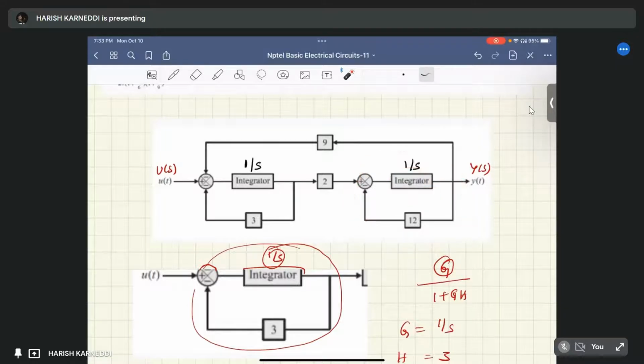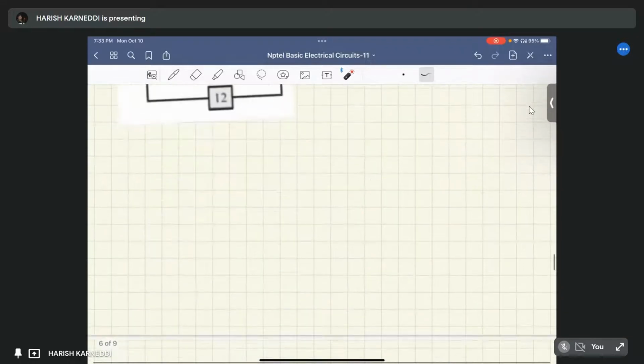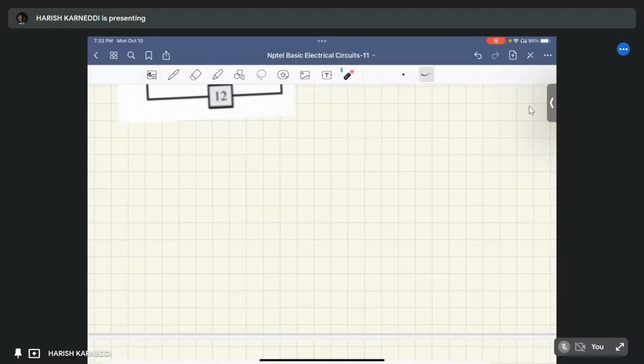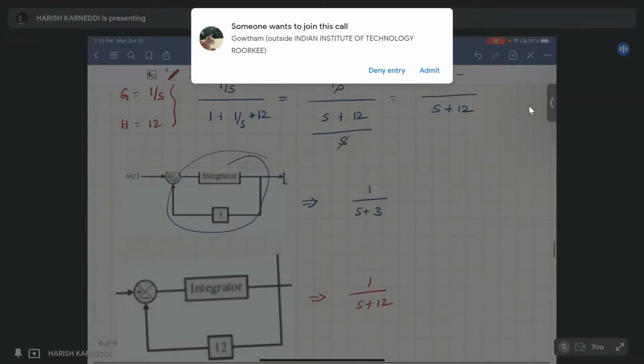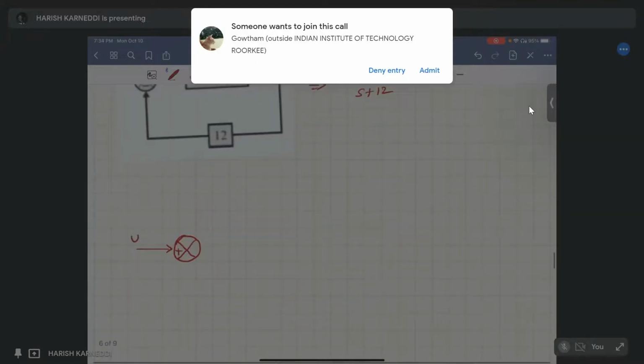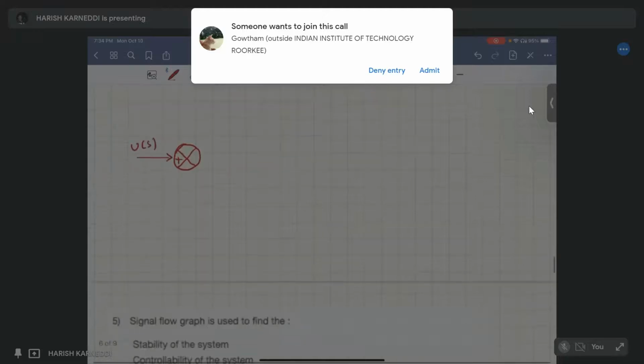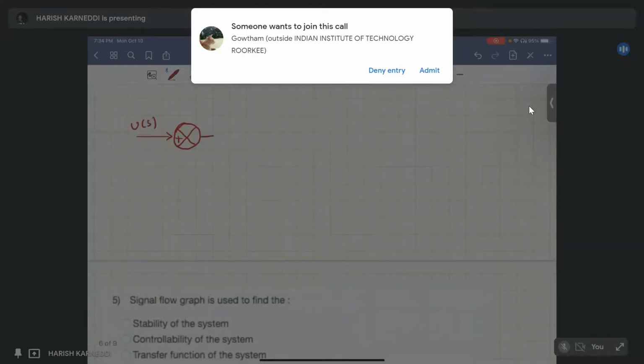Okay, I'm redrawing the same. This input, this is some block. This input is R of S, or yeah, U of S. Okay, we simplified this one, this transfer function.